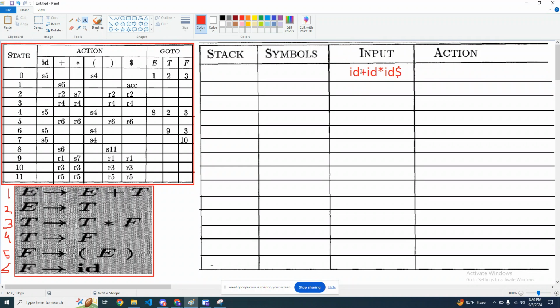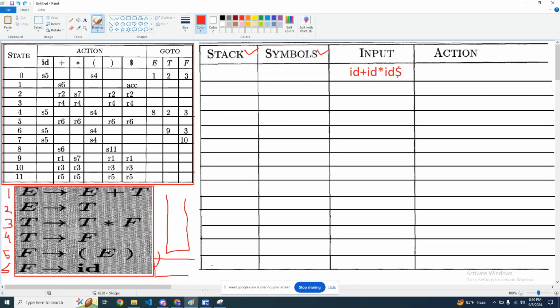Okay. Now after this, your stack and symbols are basically both stacks. So you can imagine the stack like this. It is a vertical stack. You have seen the stack representation like this, right? We are simply rotating it and making it like this. So this is the bottom of the stack, and this is the top of the stack.